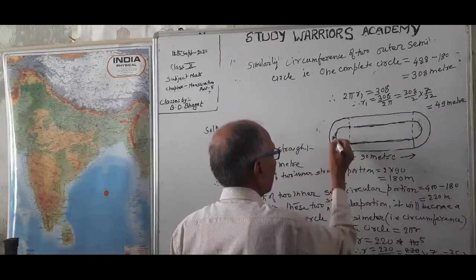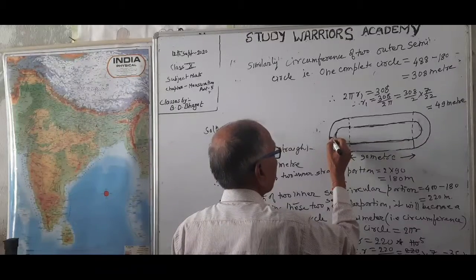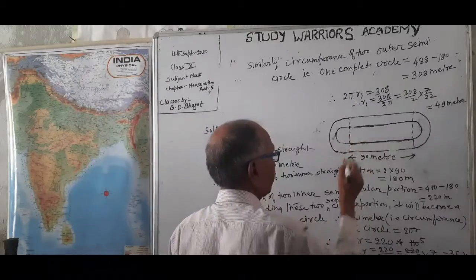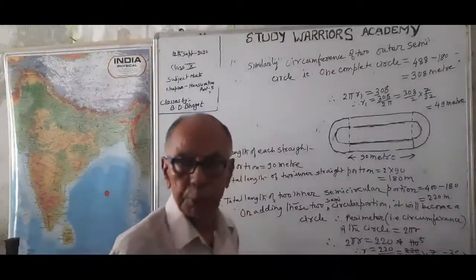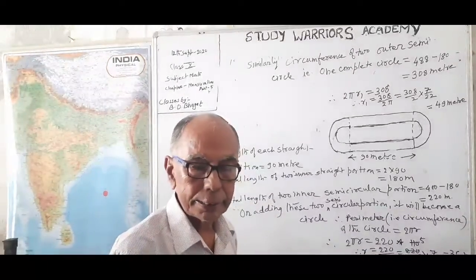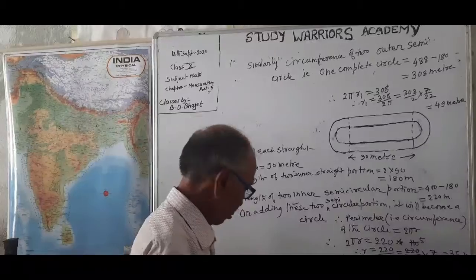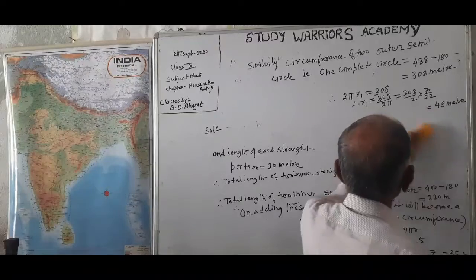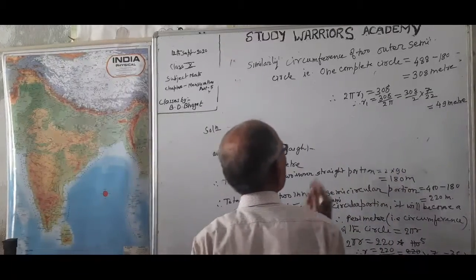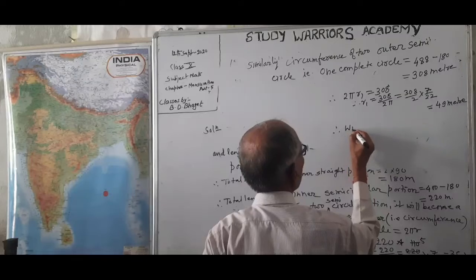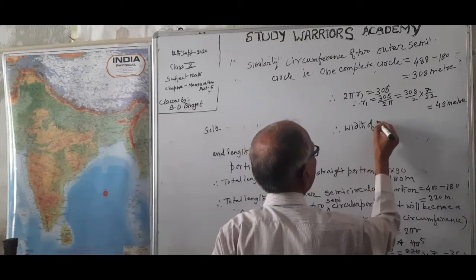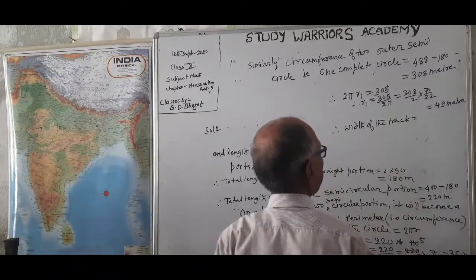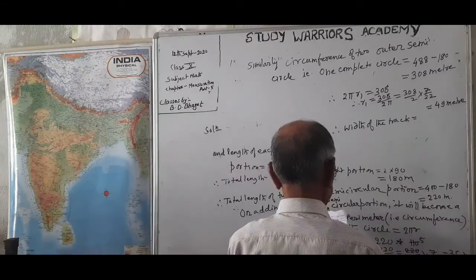Now what shall we do? Width of the track. For this, if this is the outer radius and this is the inner radius, if you deduct the inner radius from the outer radius, you will get the width of the track. Therefore, width of the track is equal to outer radius minus inner radius.